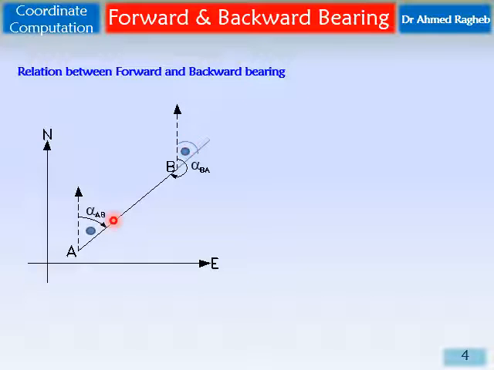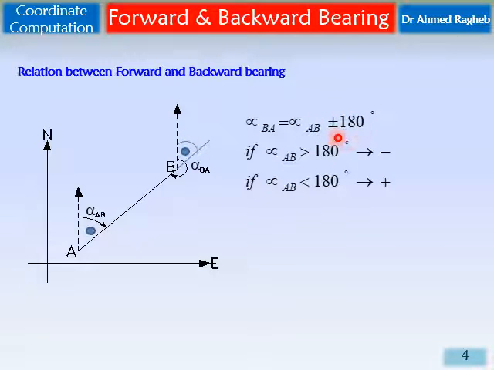So this is alpha AB and this is alpha BA. Alpha AB, angle from north direction to the line. Alpha BA, angle from north direction to the line. So the relation between alpha BA and alpha AB is 180 degrees.